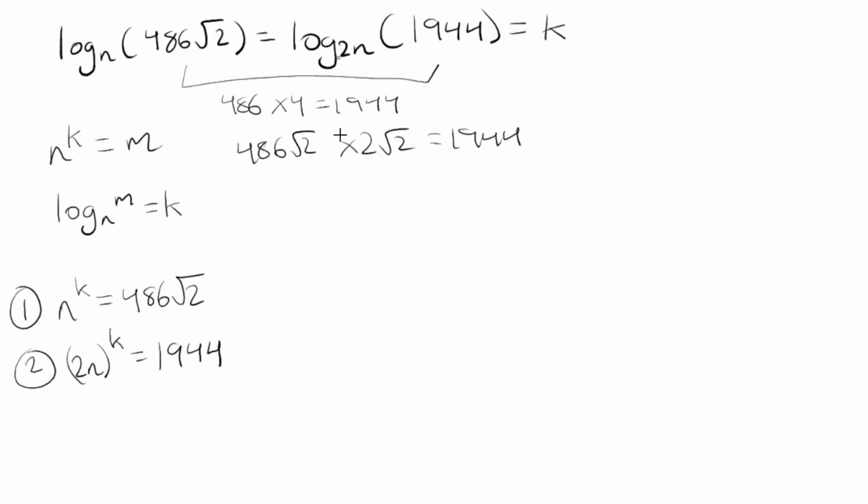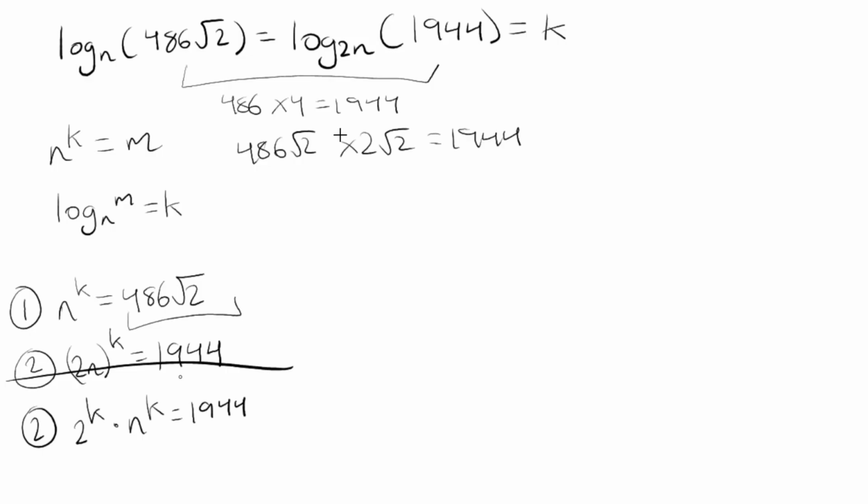And instead of doing change of base, which could work, but I'll show you later, it's much longer, this is much faster. By now you could probably see that we can do some substitution. If we distribute this k, we're saying that 2 to the k times n to the k is 1944. This is still equation 2. So what do we see? Look at the two equations. What's the same? What's different? n to the k equals 486 root 2, and 2 to the k times n to the k is 1944.